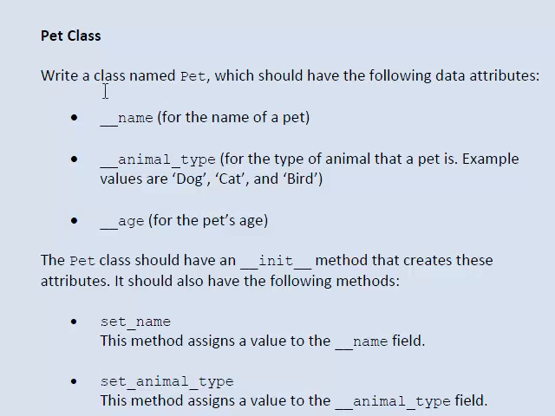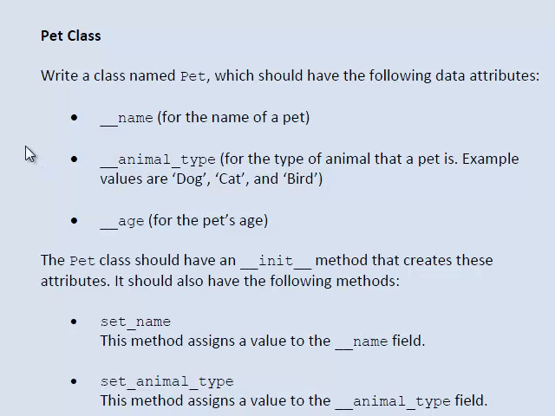So we're told to write a class named pet, which should have the following data attributes, and we're given three data attributes that the class should have: name, animal type, and age. And also, I should mention that we're prefacing the names of these attributes with 2 underscore characters.